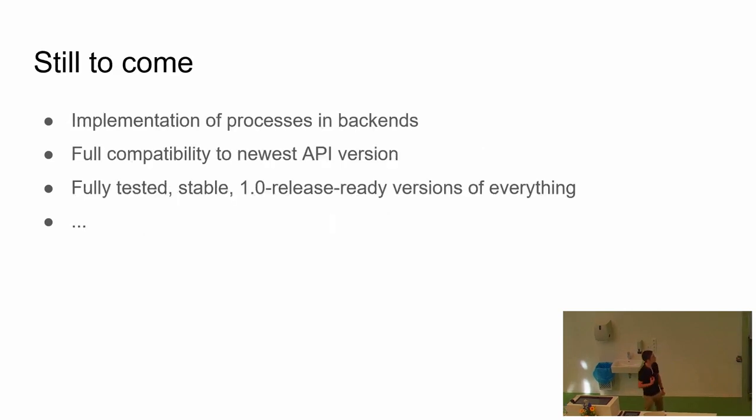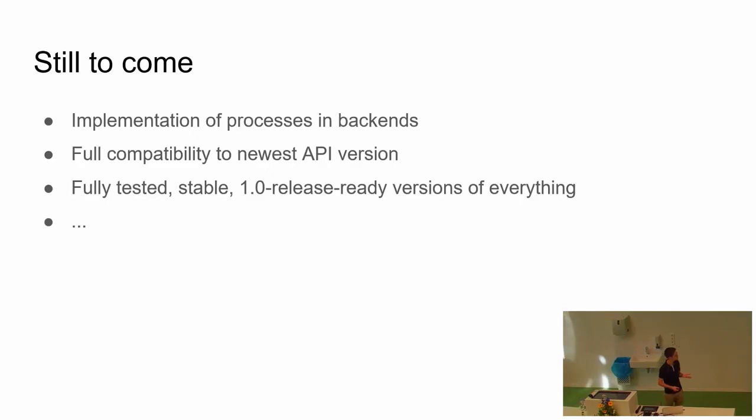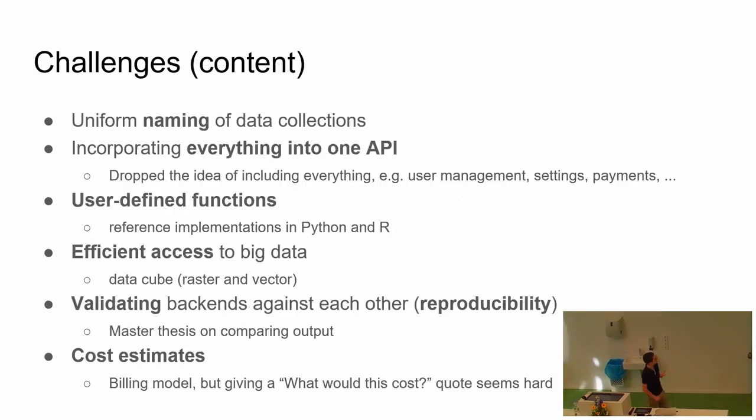Still to come: implementing all these processes of the process catalog in all the backends, full compatibility to the newest API version, and getting it all ready. Those are the things that are in the pipeline. Some challenges that are upcoming next to that uniform naming is incorporating everything into one API and not forgetting a use case that would make OpenEO not a feasible option for some within the domain.